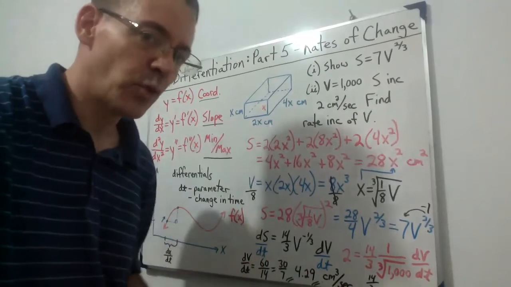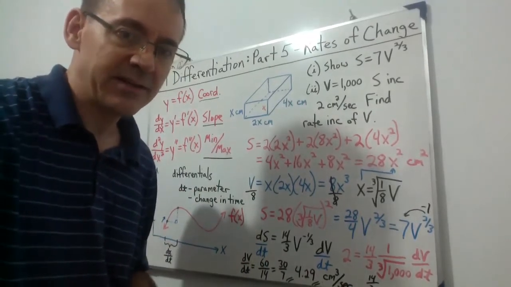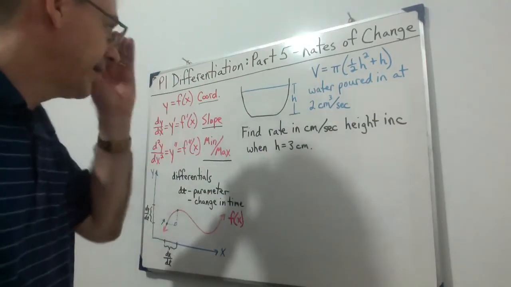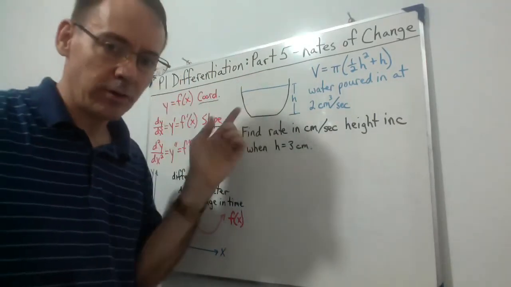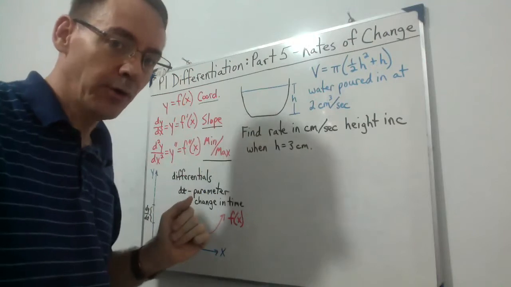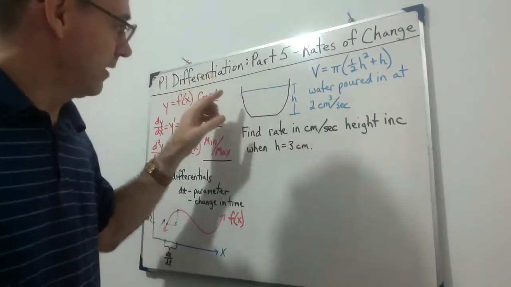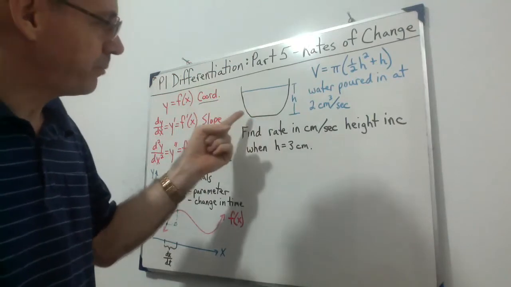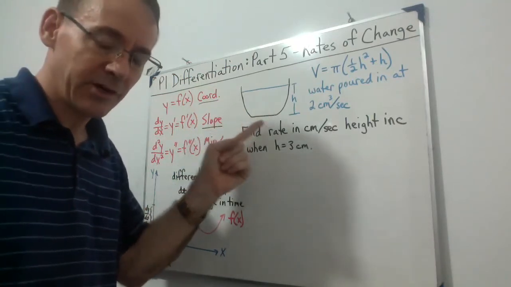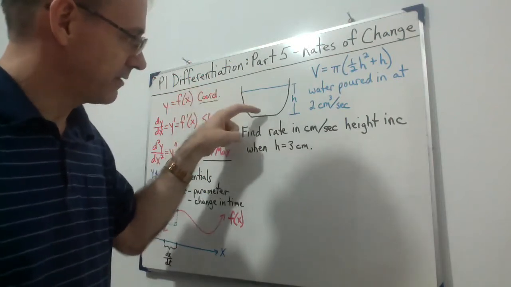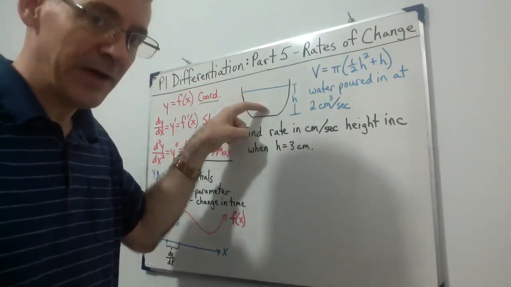So let me give you one more of these types and see how you do. Okay, here's our last example. Here we have the cross section of a bowl that is filling with water. As you can see, the bottom part of the bowl is narrower. So when you put water in, the height is going to go up a little faster.